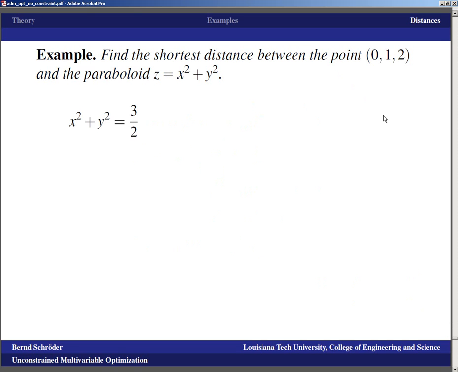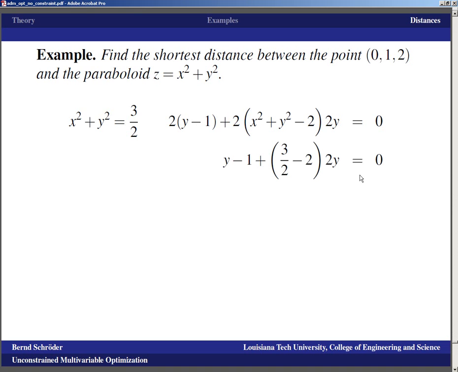And well, we still had the case that x squared plus y squared equals 3/2. Again, we look at this other equation, which was 2y minus 1 plus 2 times x squared plus y squared minus 2 times 2y equals 0. And if we plug x squared plus y squared equals 3/2 in here, we end up with, okay, cancel a 2, right? We have y minus 1. This 2 is also canceled.